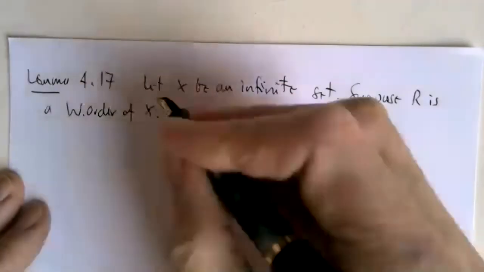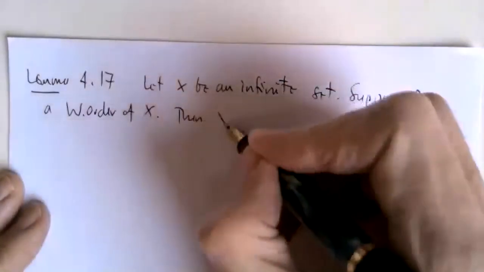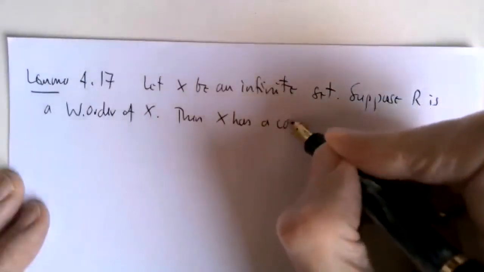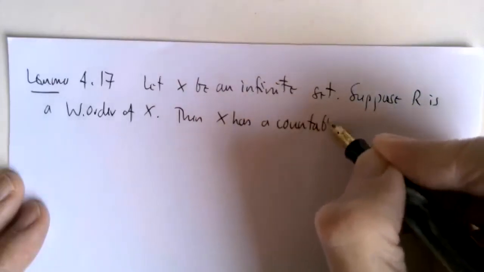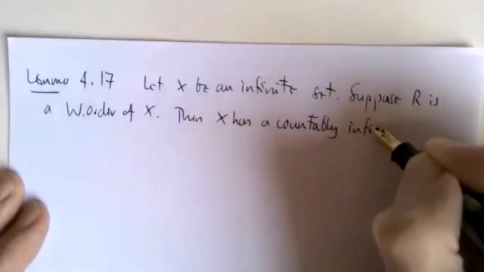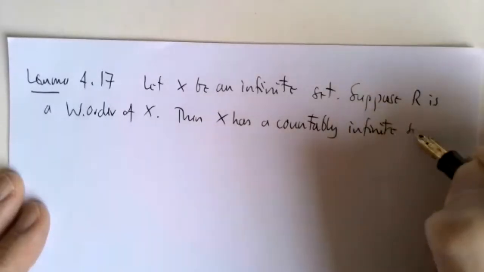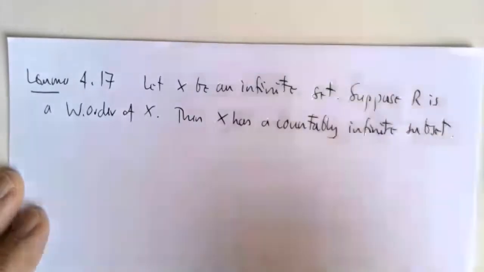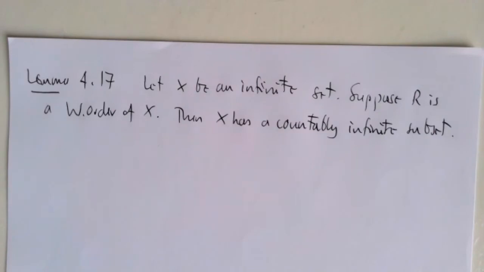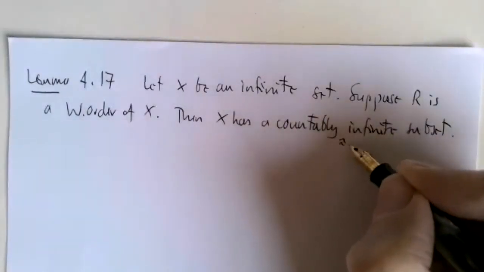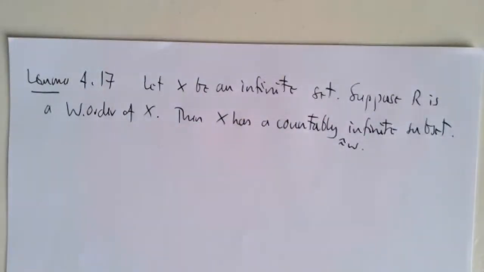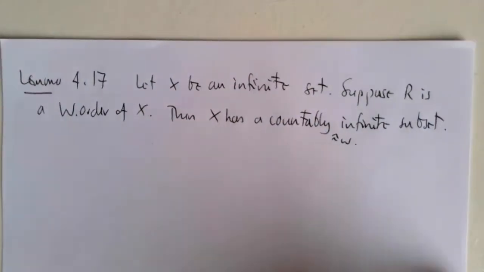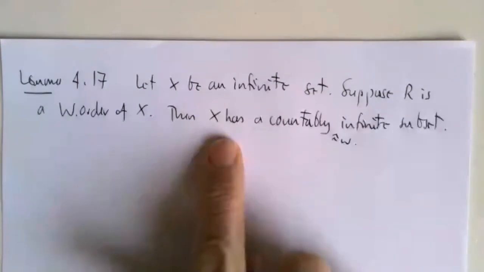Then it's got a countably infinite subset. Again, countably infinite means bijective with omega. So we know that much about X.